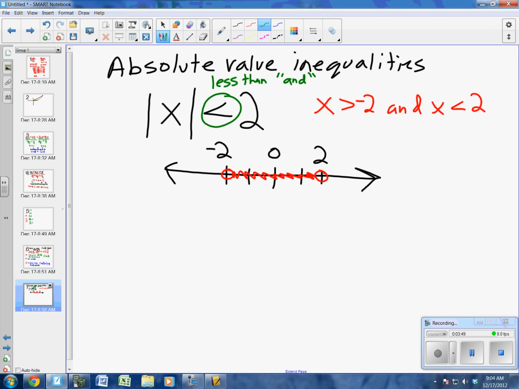And your two inequalities, you're going to get them by dropping the absolute value sign and just writing the inequality without the absolute value sign. And the other one, you're going to get by changing the inequality sign the other direction and making that number to the right negative. Okay? That's how it's going to work. Got it?